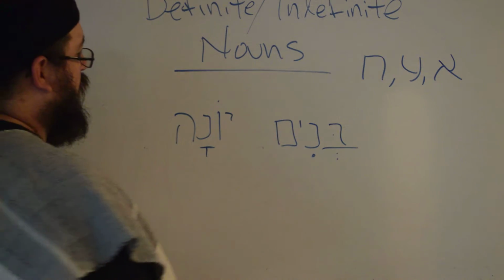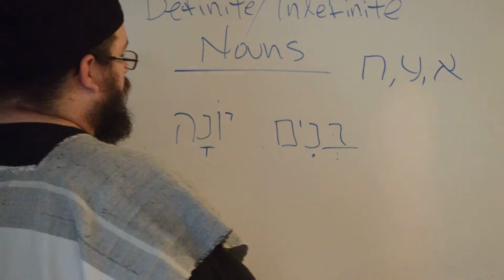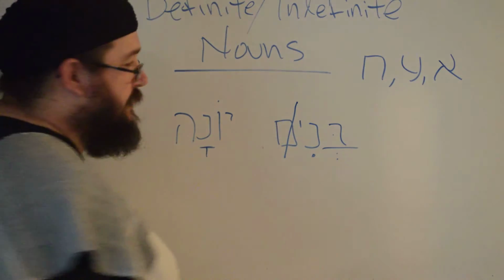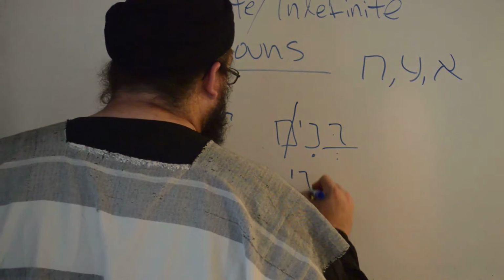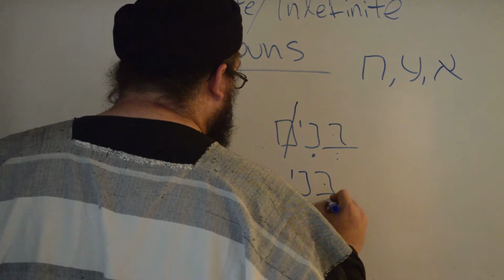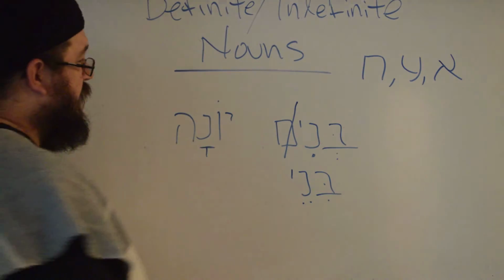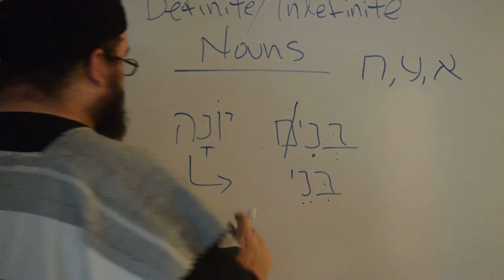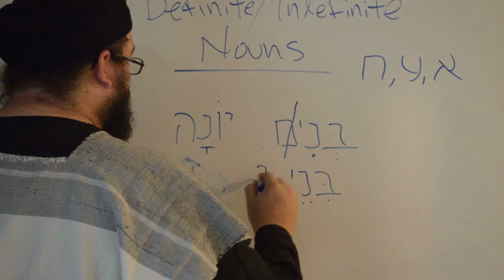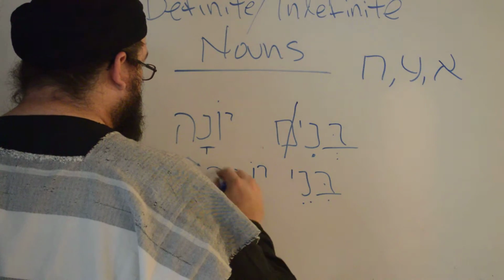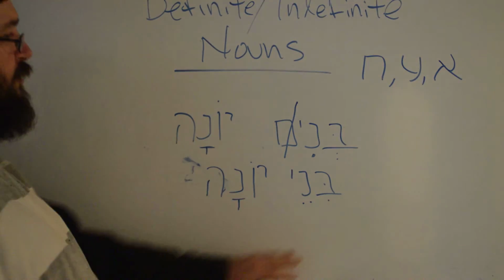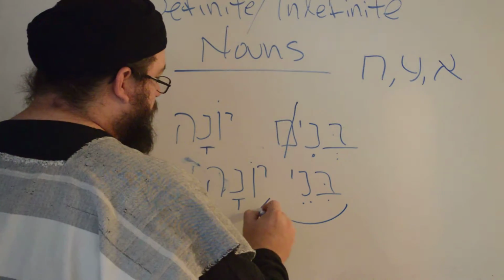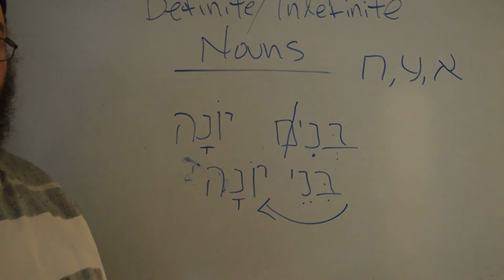When I'm going to make a noun construct, we have to learn a rule. I have to take off the mem, now it becomes b'nai. Then I drop down my noun here so that my noun goes to become Yonah. So b'nai Yonah is now made definite because of the last actual noun.